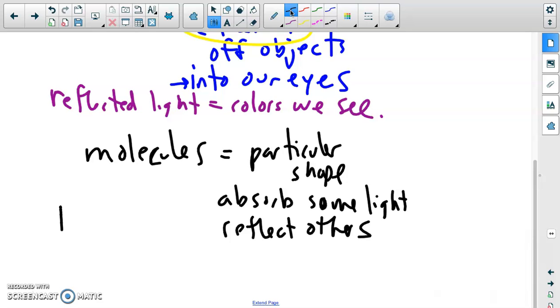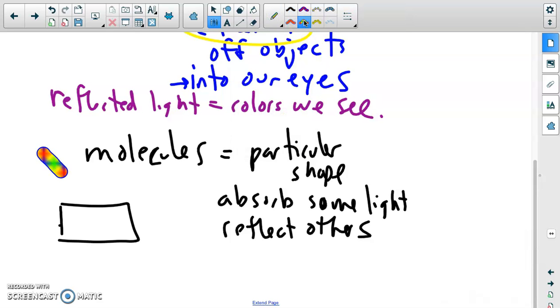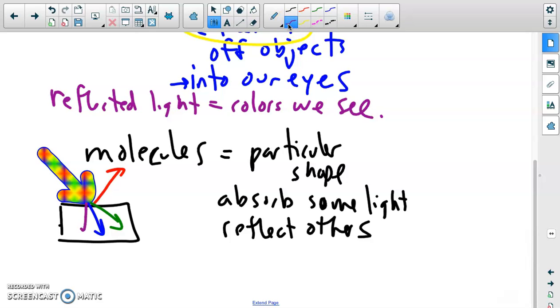And so if this is my object, and light that we see from light bulbs and the sun is really made up of all the colors. So there's my rainbow. Wow, smartboards, aren't they awesome? Okay, so some of the colors might get reflected off, and other colors might stay in the object.